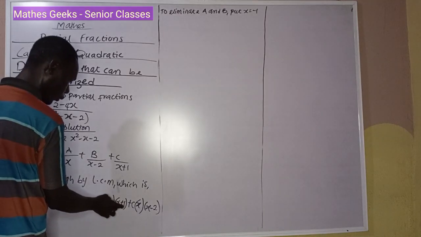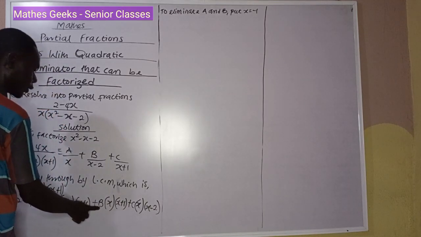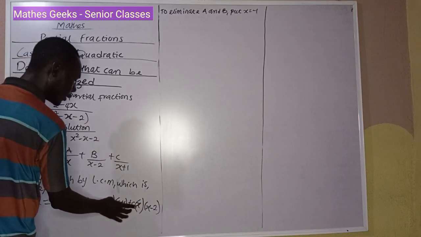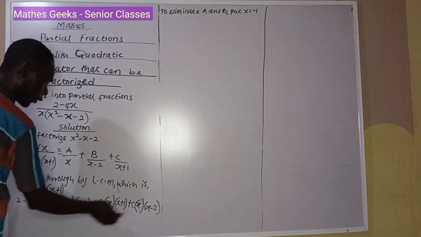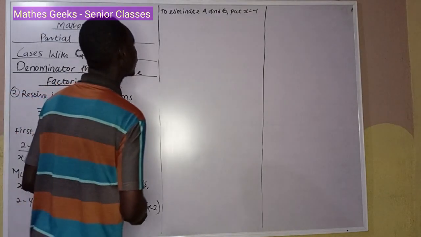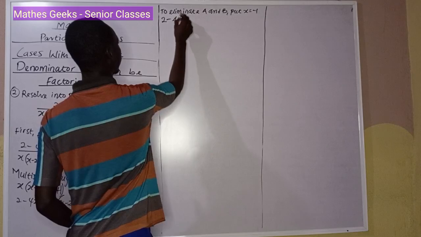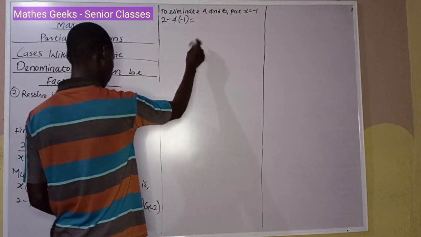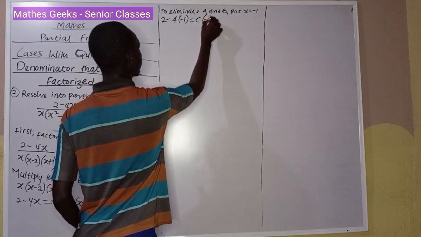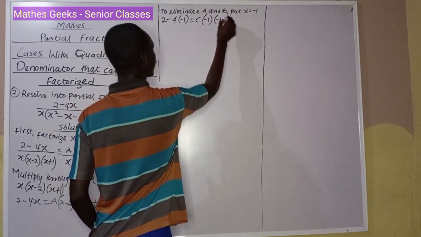And if here is also minus 1, minus 1 plus 1 is 0. 0 times x is 0. 0 times b is 0. So I'm going to have only c and this part of the equation to work with, thereby arriving at the value for c. Okay, so 2 minus 4 times minus 1 is equal to, so a and b are already eliminated, so I'm going to have c times minus 1 minus 2.